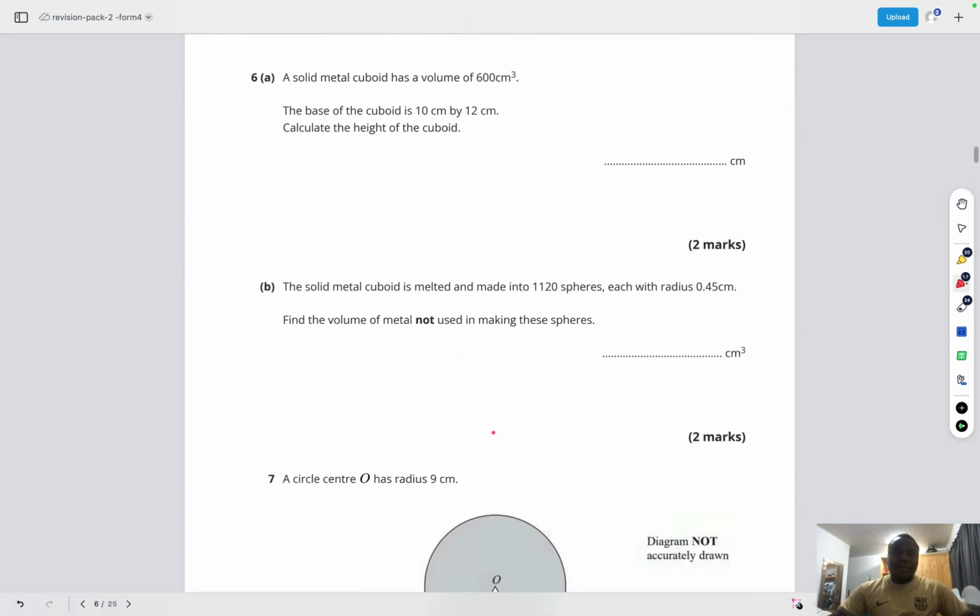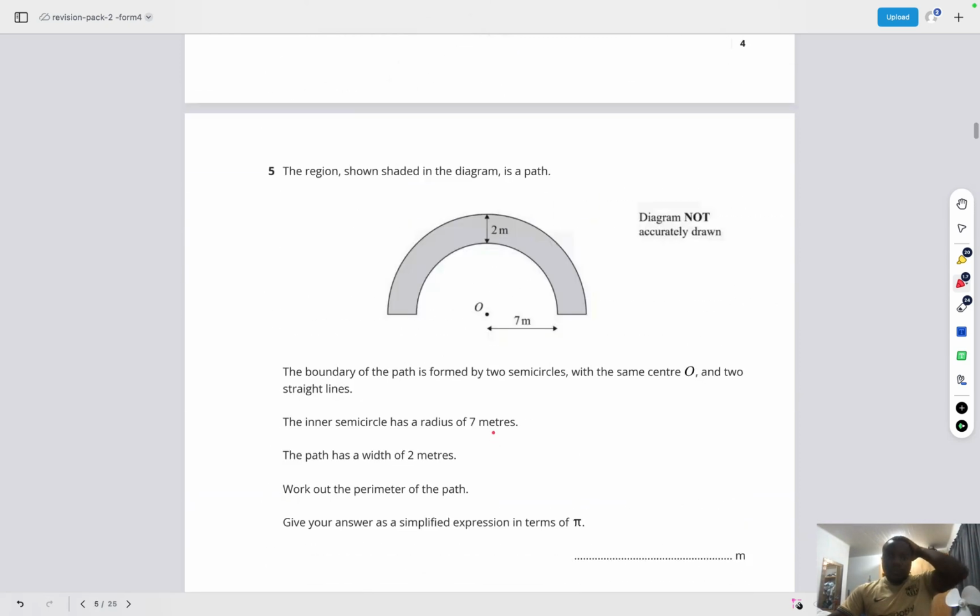Then here we can move to question number 5. They are saying the region shown shaded in the diagram. We've got this path, the boundary of the path is formed by two semicircles with center O. The inner semicircle has radius 7, and it is important to draw some form of imaginary radii here.